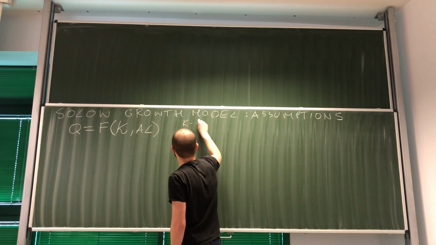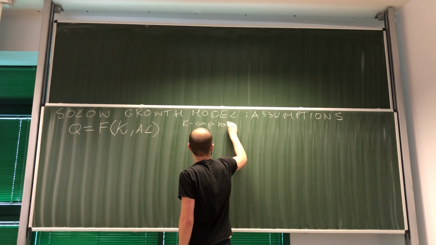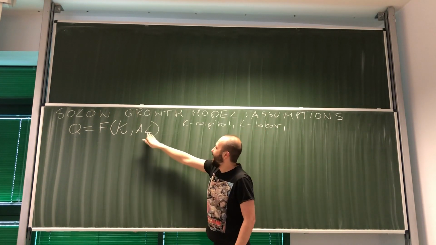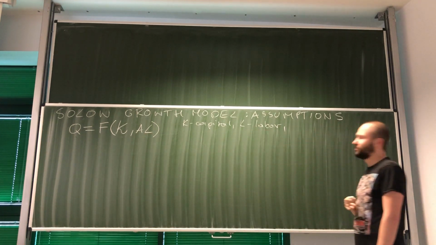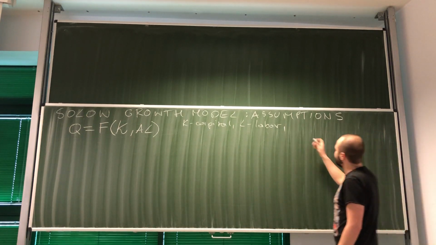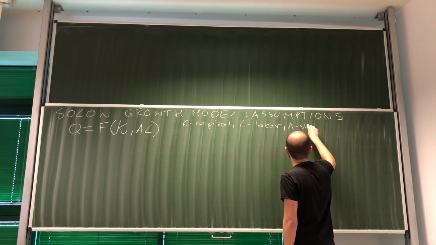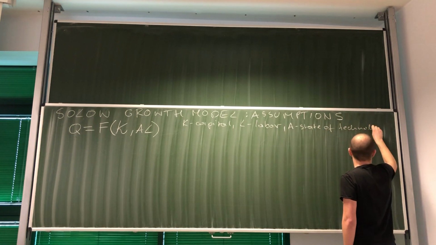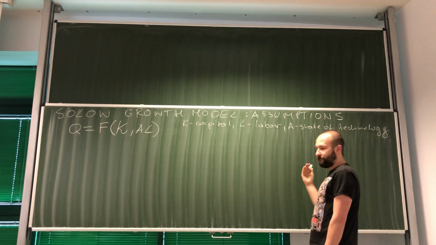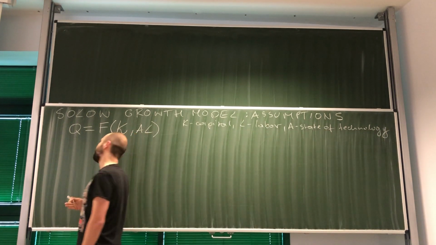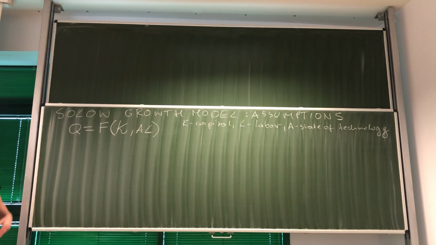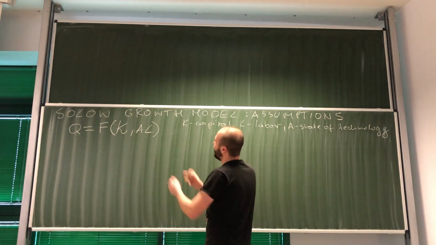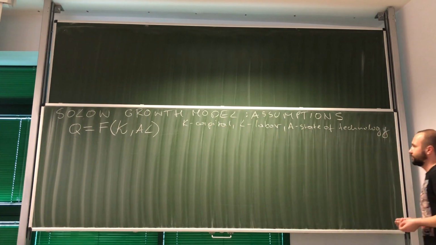So we've got that K is capital, L is labor. Now, A, which you probably also know from macroeconomics class, is the state of technology. We take here a very economical meaning of technology. So it refers to how well we are combining labor and capital in order to produce goods.